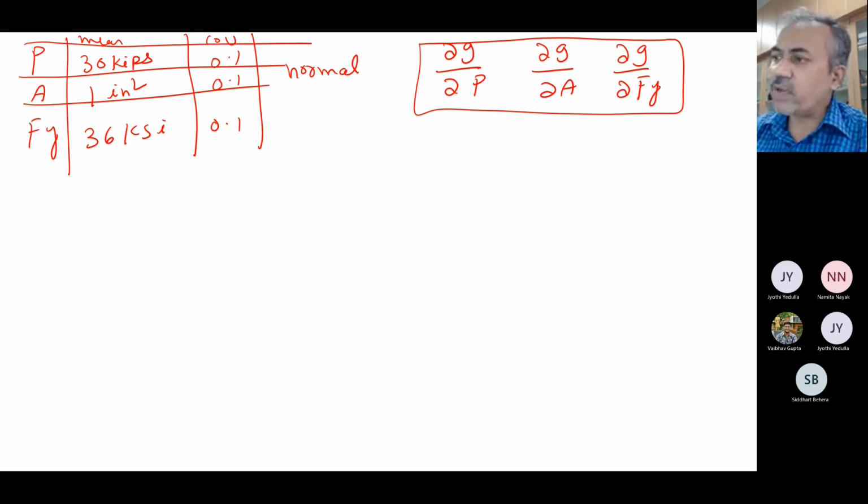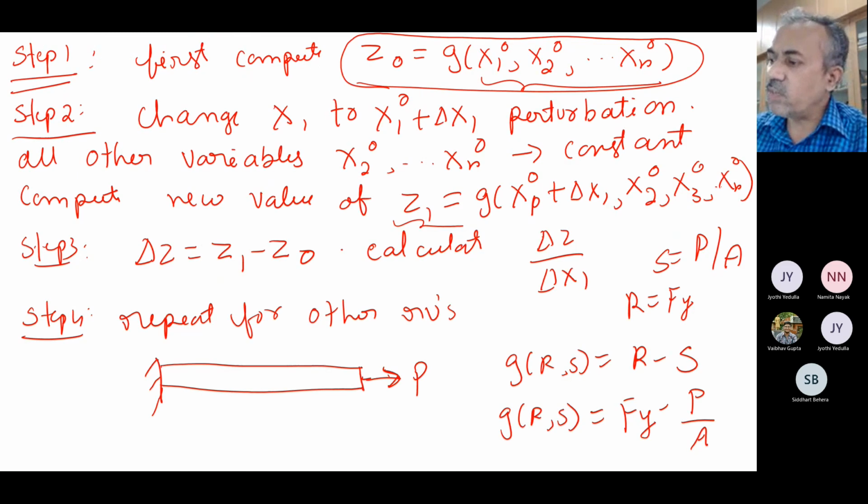Now, to find these derivatives, what is dou g by dou p? Can you see here? It is minus 1 by a. You know the answer, but if I want to calculate it by the finite difference method, what is the first step?